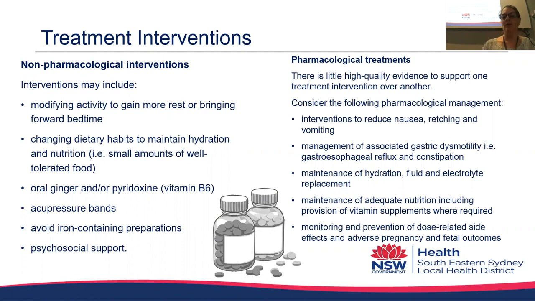Consideration around pharmacological management, including interventions to manage symptoms and associated dysmotility, maintenance of hydration and nutrition, and monitoring and prevention of dose-related side effects and adverse pregnancy and fetal outcomes. In women who are immobile or have additional risk factors for thromboembolism, consider thromboprophylaxis with low molecular weight heparin, unless there are specific contraindications, such as active bleeding. Thromboprophylaxis can be discontinued as activity levels normalize.